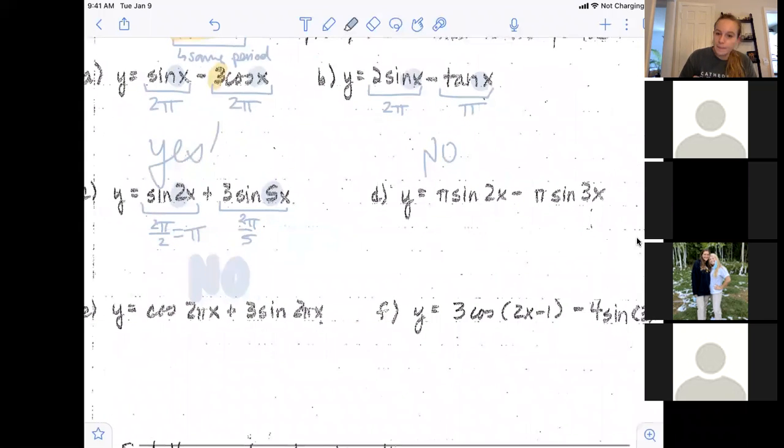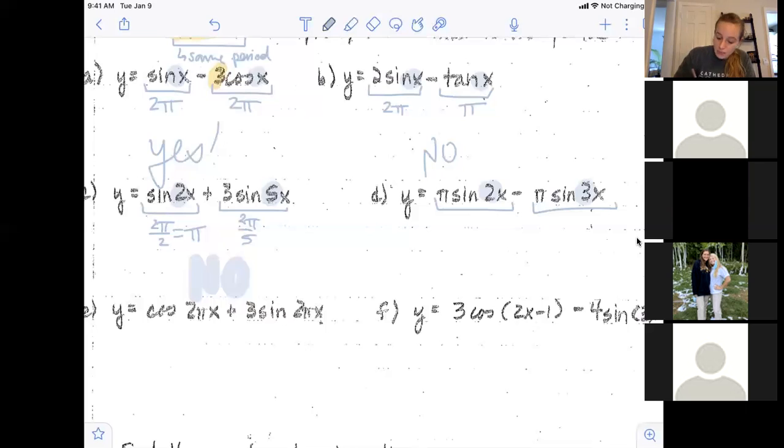Okay. The next one says pi sine of 2x, and then pi sine of 3x. So 2x and 3x. Yes, they both have the same amplitude, but as I stated, the amplitude doesn't affect anything. And even though a pi amplitude would be funny, we could technically graph it. We could go up pi, we could go down pi, whatever.